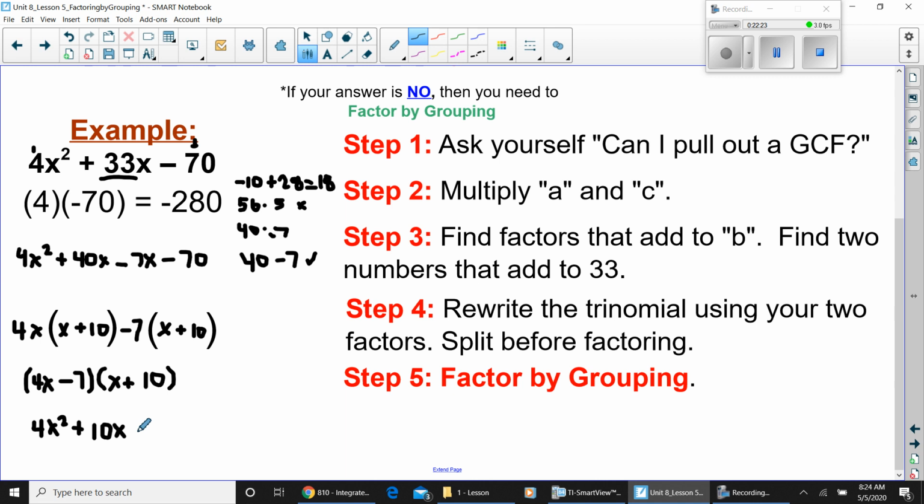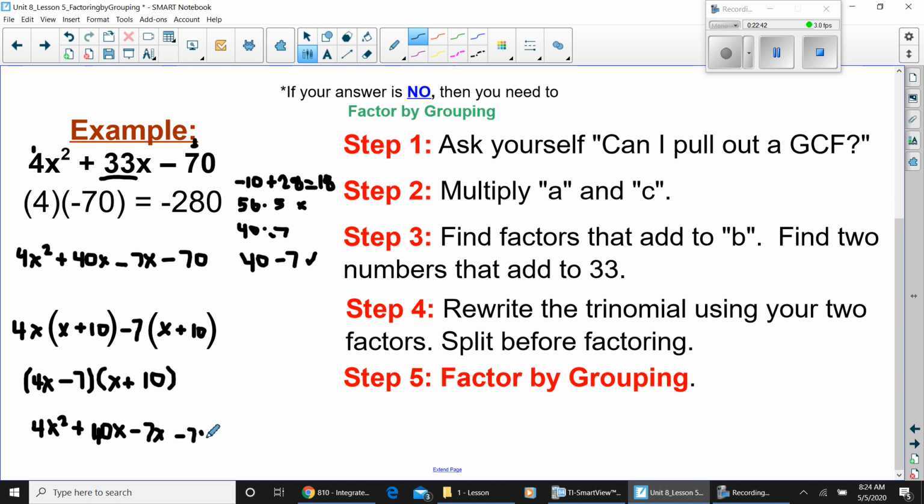Negative 7 times 10, sorry, negative 40x. Sorry, positive 40x. And then negative 7 times x is negative 7x. And negative 7 times 10 is negative 70.